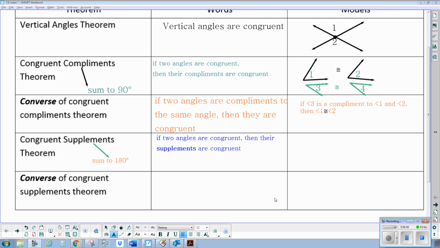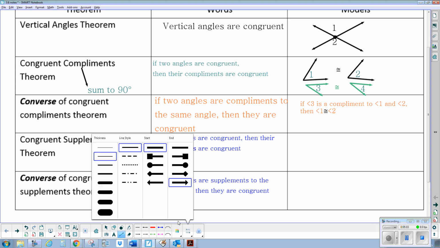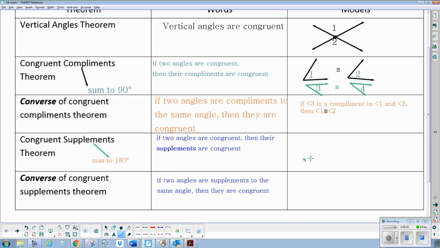And then the converse of that is just like the converse of the congruent complements theorem, but again, we're talking about supplements. So the converse of this is going to be if two angles are supplements to the same angle, then they are congruent. So to define supplementary angles in our diagram, I'm going to use a line just because we know that a line is 180 degrees and all linear pairs are supplementary. Okay, so I'm going to use this line.